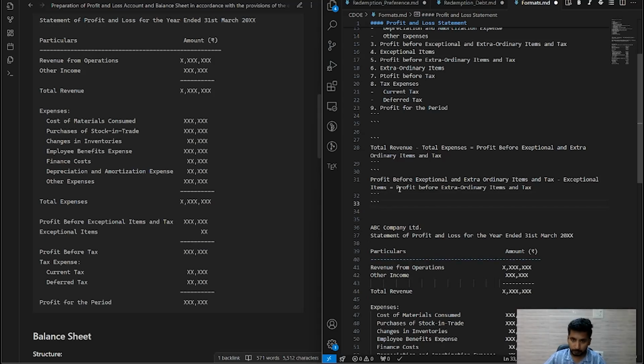Other than that, profit before extraordinary items in tax minus extraordinary items becomes my profit before tax.